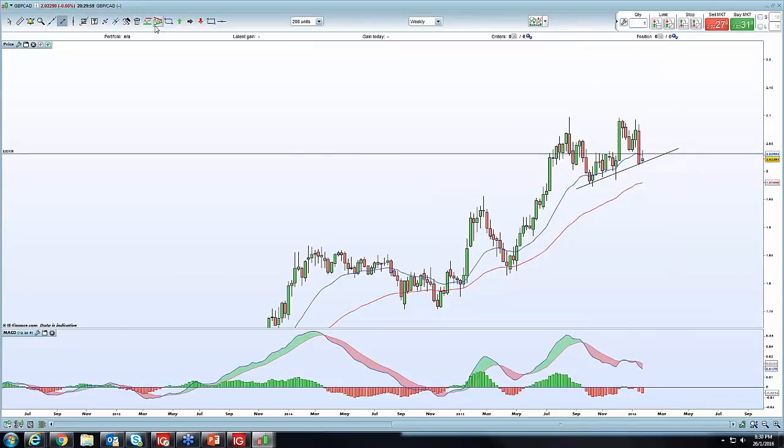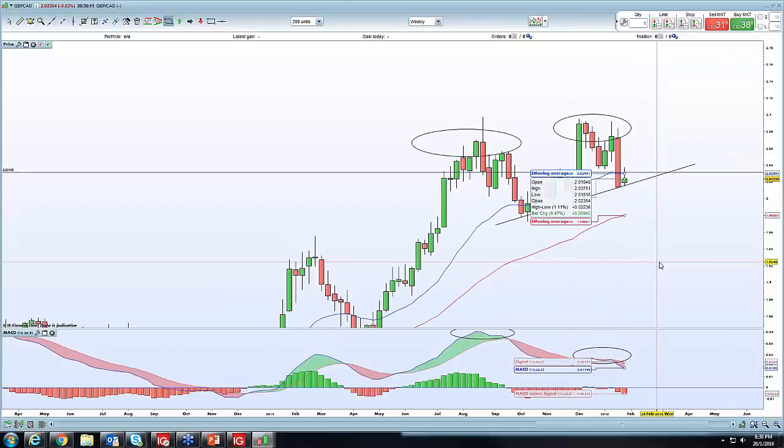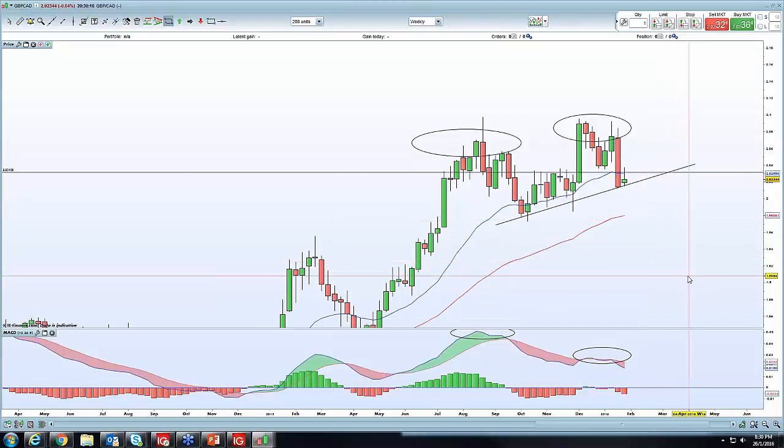It has made a higher high here, but there's a very significant bearish divergence on the MACD. Pound Cad is now consolidating on the weekly chart, but I'll be a bit more inclined to be bearish. If you see this low here, we have broken this low, so it's a bit of a reversal to the downside. It has made a lower high here as well.